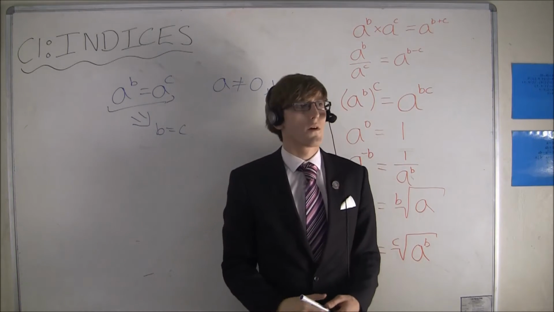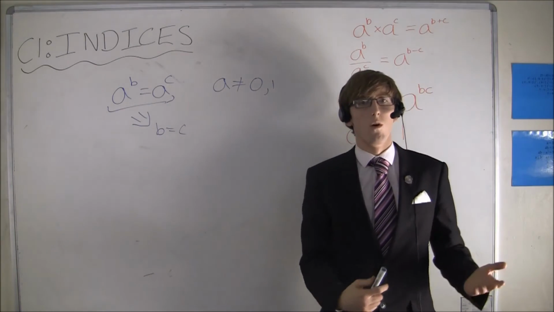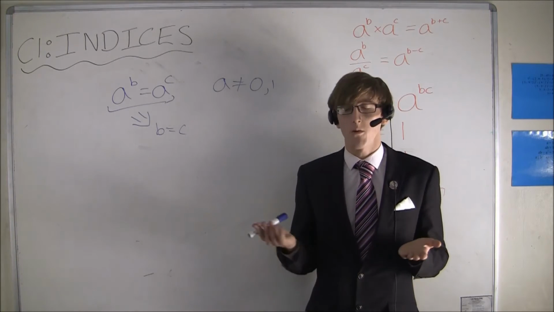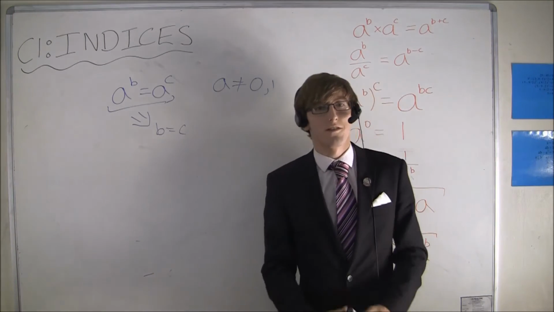For example, if I have 2 to the power of 4 equals 2 to the power of 4, then 4 equals 4. To give it numbers, that's the simplest way of looking at it.